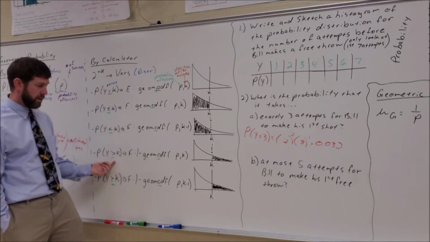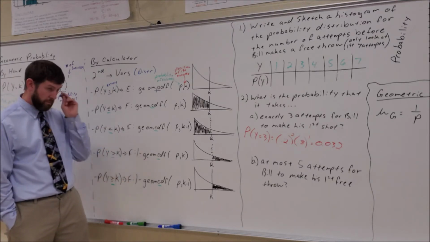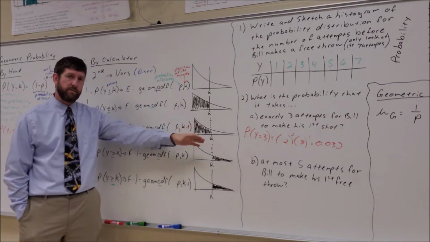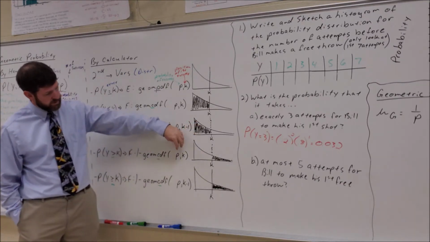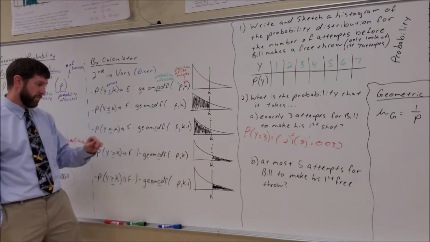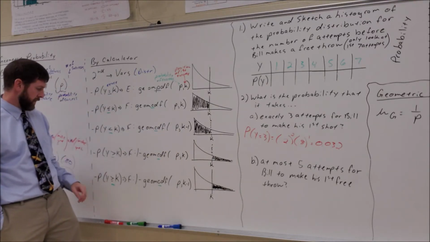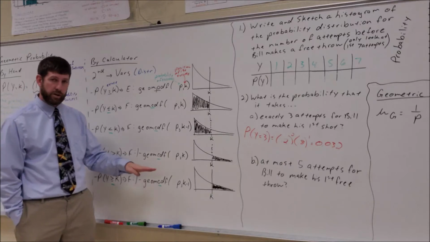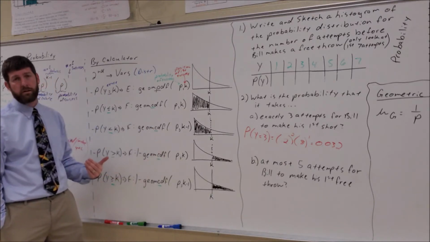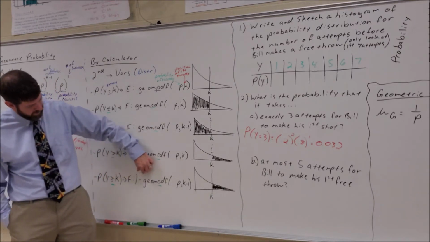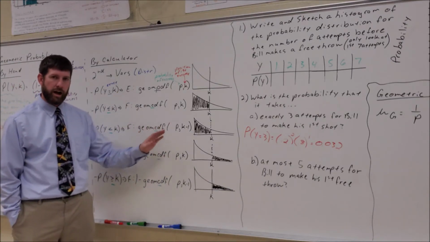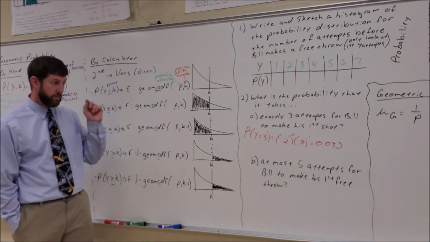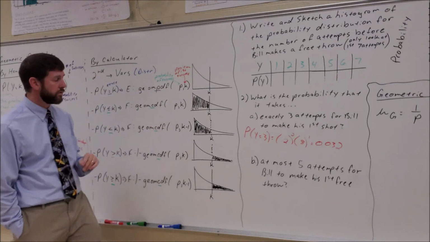If I want greater than, remember anything greater than, you got to do 1 minus, because if you want right side stuff, you got to subtract the left side stuff from 1. So 1 minus, whether it being equal to K, or letting it be equal to K. And then if I want greater than or equal to K, that means I do not want K minus 1. So 1 minus K minus 1. So it's the exact same kind of thought process on how to adjust your values as we used for binomials, because it's still a less than or equal to function.